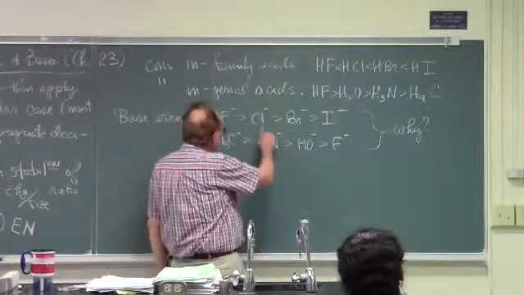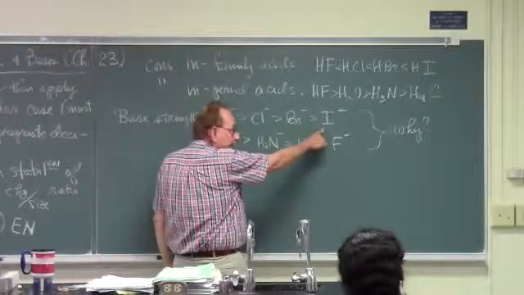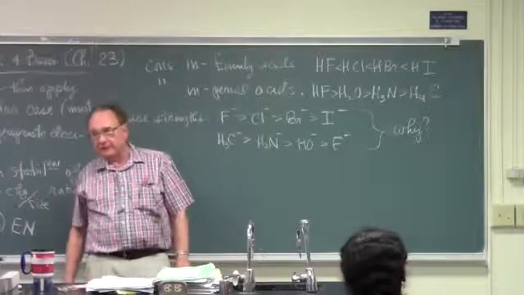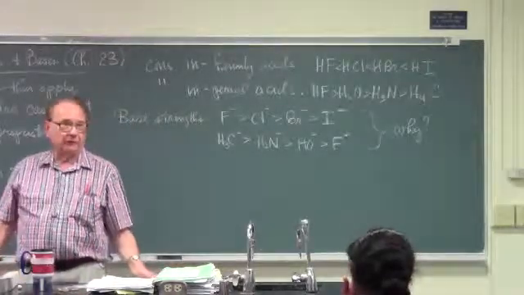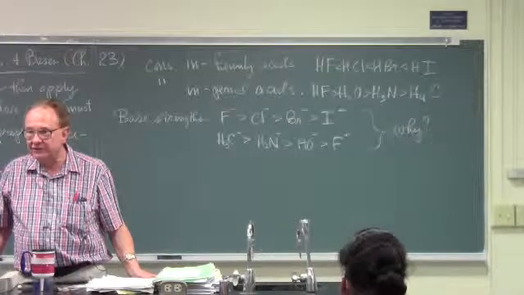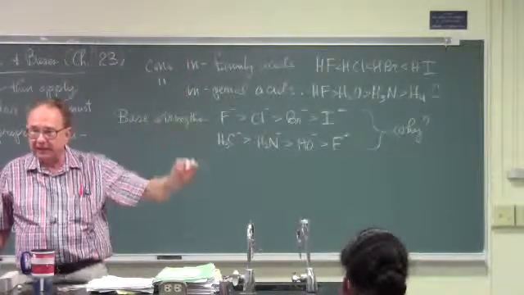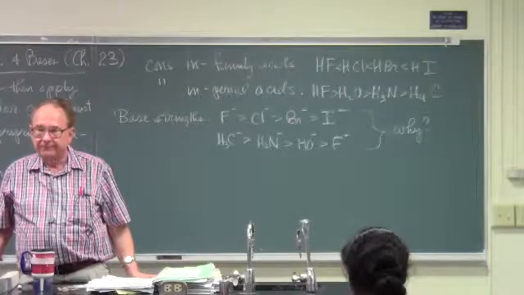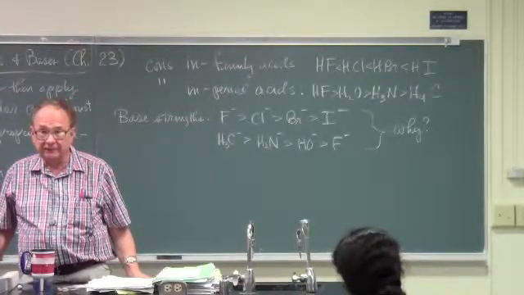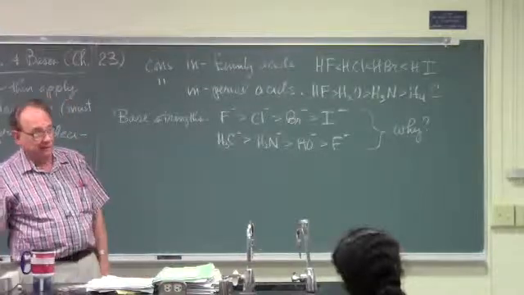However, for the parent atoms, fluorine, chlorine, bromine, iodine, how do the electronegativities compare? Well, we know fluorine's number 1 in electronegativity, and pattern-wise electronegativities decrease as you go from top of the family to bottom of the family. So fluorine is clearly the most electronegative halogen.